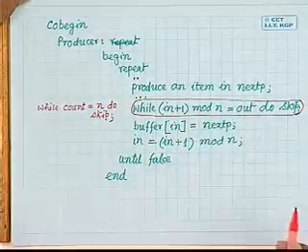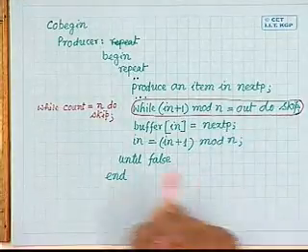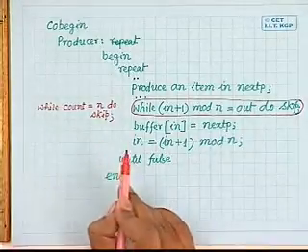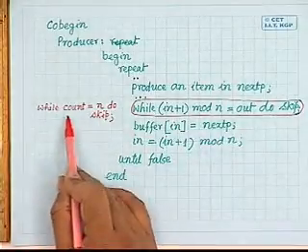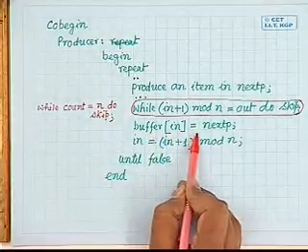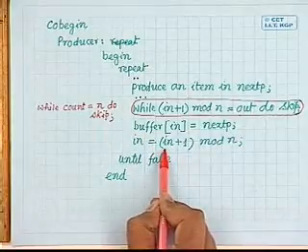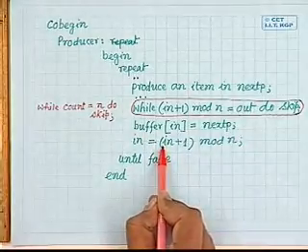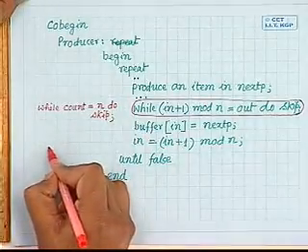That means if count equal to n, then obviously all the n locations in the buffer are full, so the producer process cannot put a new item into the buffer. If count is not equal to n, which is less than n, then it puts the element into the buffer and increments the in pointer as it is. In addition to this, the other task it has to perform is to increment the value of count by 1.